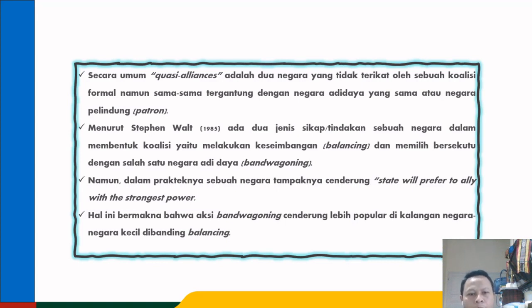Okay, but in reality, the state will prefer to ally with the strongest power. So this means that bandwagoning tends to be popular among countries rather than balancing, because balancing is very risky. Let's say if we balance against the US, this is dangerous.